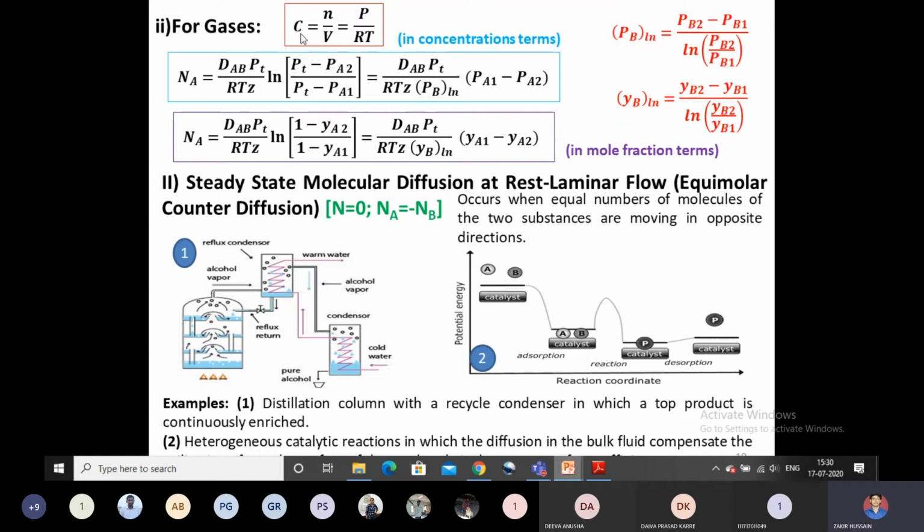If this is CA2, we substitute PA2 by RT. That's the difference. Using the previous equations 9, 10, 11, 12, we will derive this equation with the same operations, replacing concentration with pressure terms, which is applicable for the gas phase. In the next class we will see how these equations are derived.